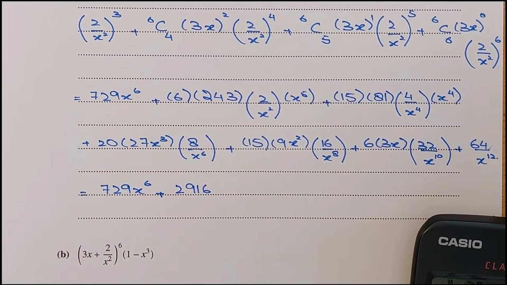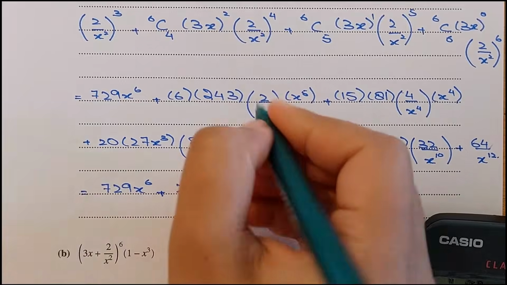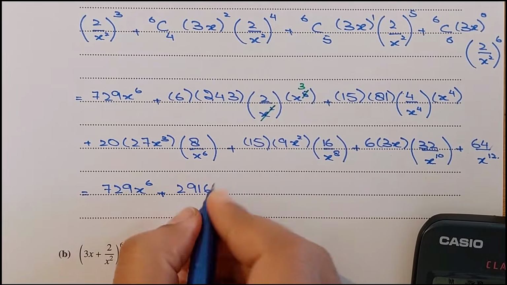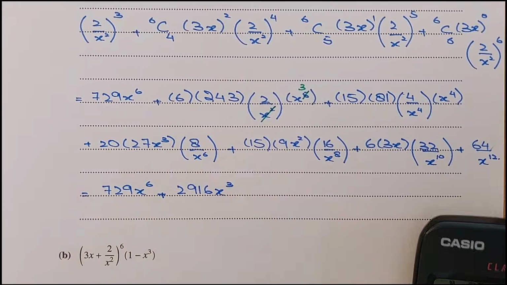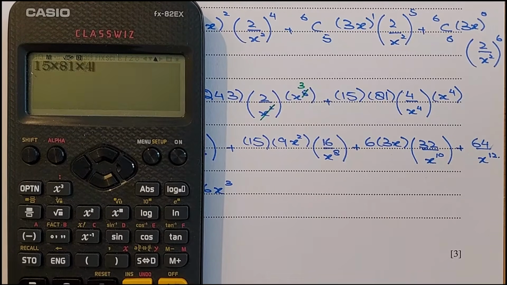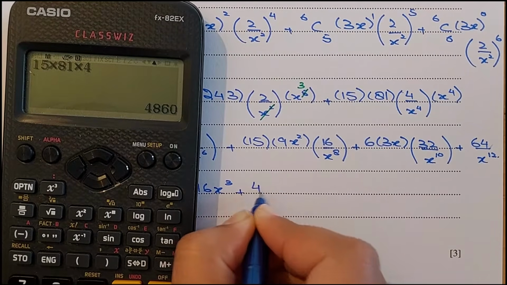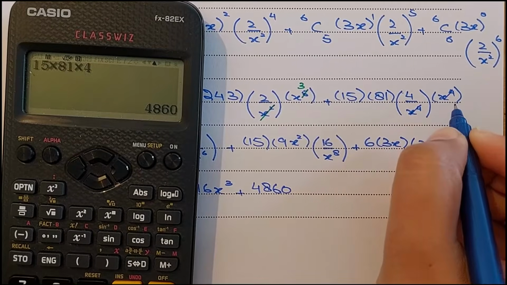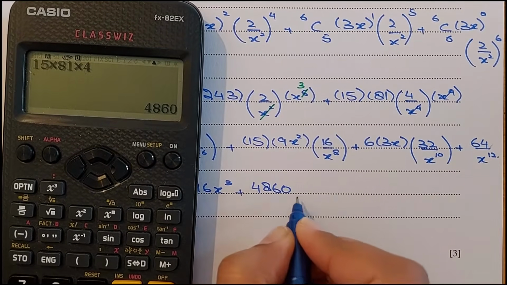Okay, and cancelling the x as well, this x square and this x cube, so this is also not a constant term, this is an x cube term. Okay, the next is 15 times 81 times 4, this is 4860. x power 4 and x power 4 is cancelled, so this is a constant term.